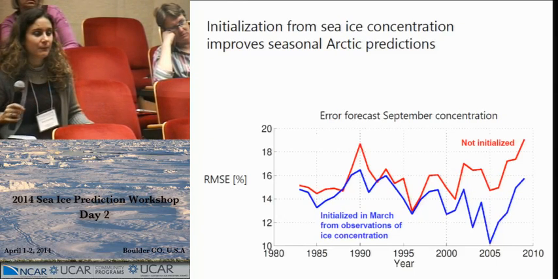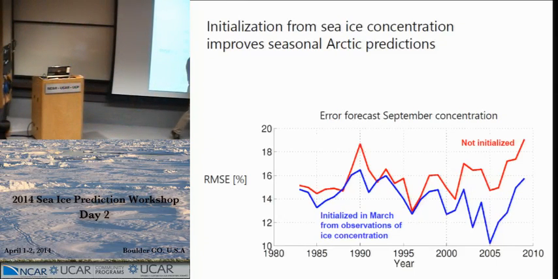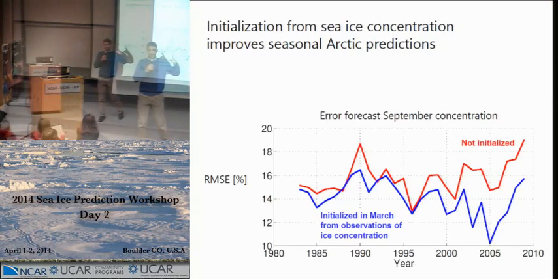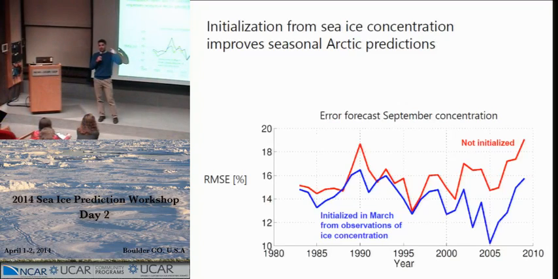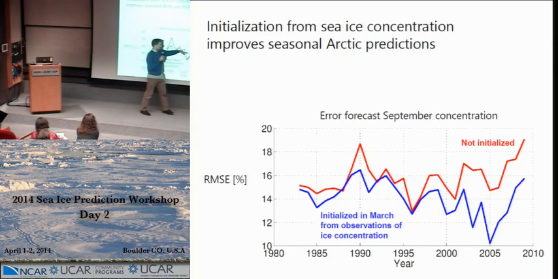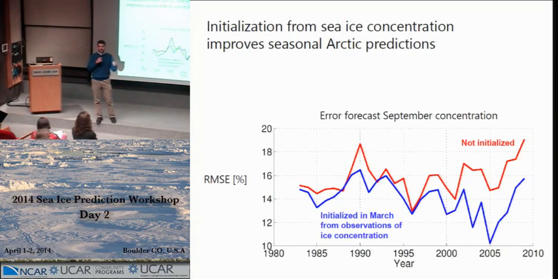So this non-initialized run, I think you're right, is not really not initialized because it's forced by atmosphere, and the atmosphere itself is a reanalysis product, meaning that it's been run with prescribed ice concentration during the reanalysis stage. So we indirectly use the information of ice concentration here twice, because we assimilate concentration and we run with a prescribed atmosphere, which is itself based on the ice concentration products.